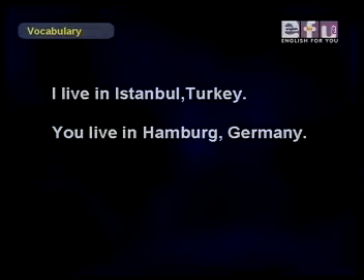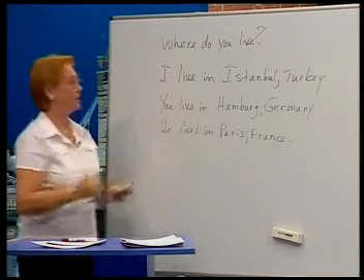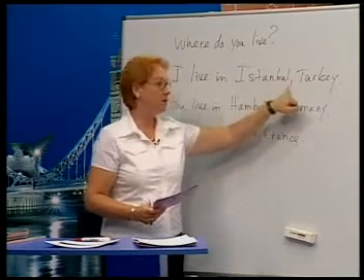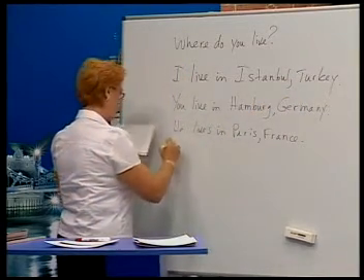You live in Hamburg, Germany. And he lives in Paris, France. Where do you live? I live in Istanbul, Turkey. You have to have a comma here, though. Okay, another example.